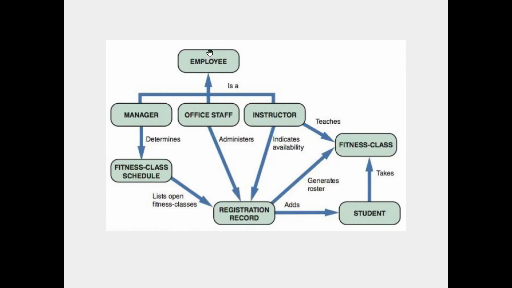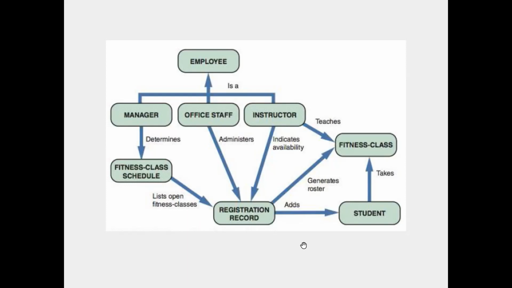So here we have employee is a manager, and the manager determines the fitness class schedule. And then here we have a registration record. Then we have office staff, and then we have instructor. Office staff is usually for administrative work, and for instructors we have to assign when they are free.